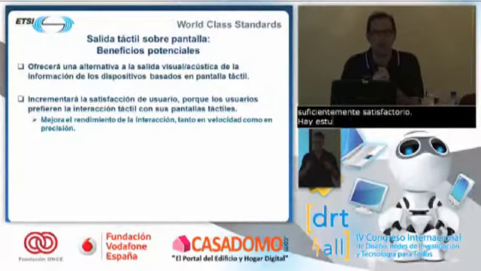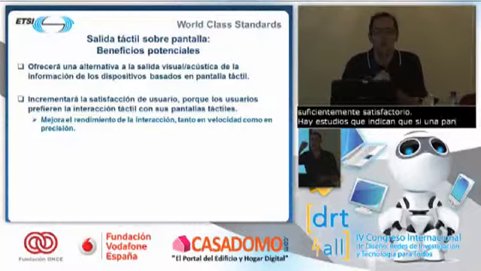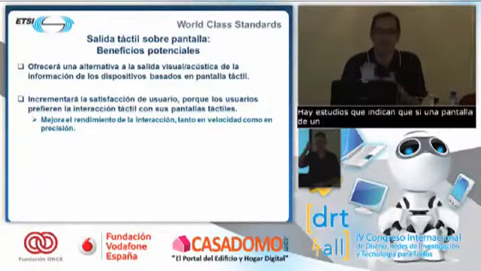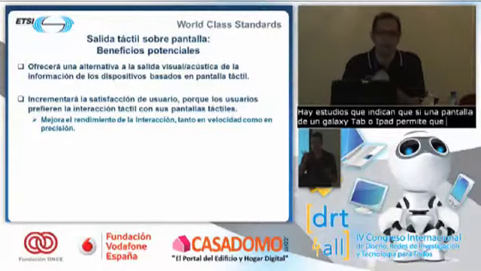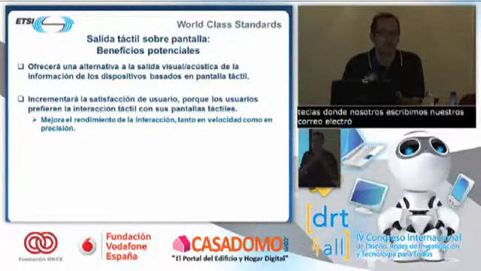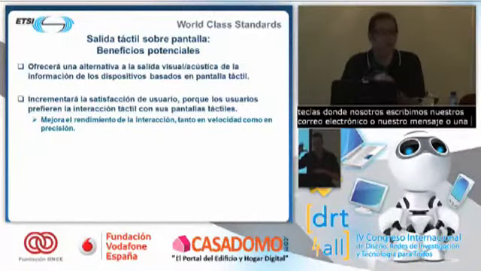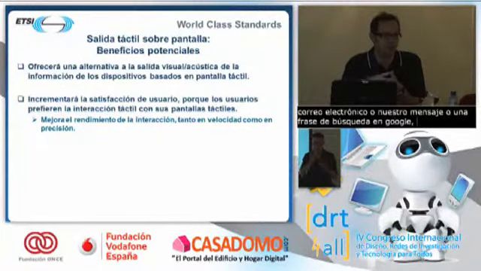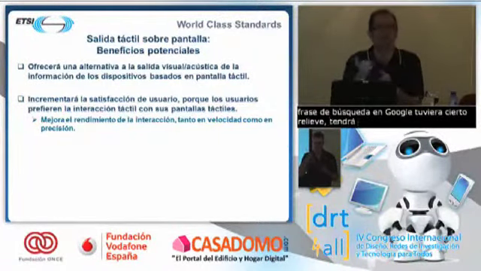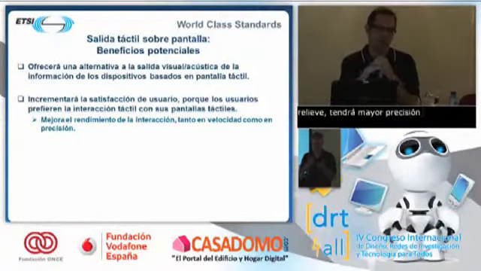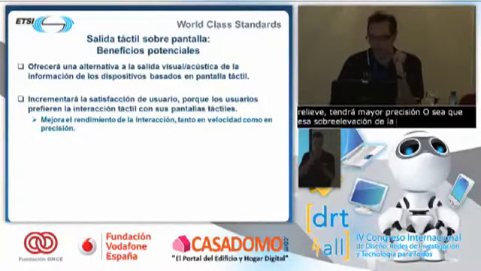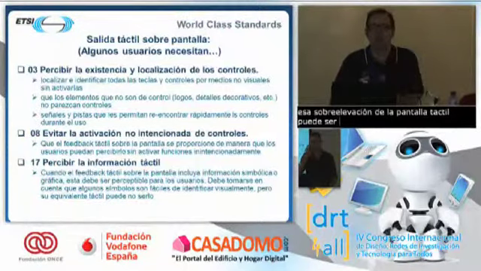There are studies that have shown that, for example, with an iPad or a Galaxy Tab, the buttons that we use to write an email or a phrase to search in Google, if the relief was raised to a certain degree, it would be more efficient. We'd be more precise. So this elevation of the touchscreen could be very interesting.